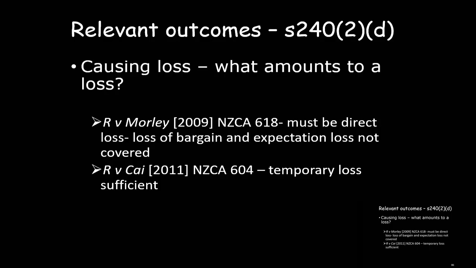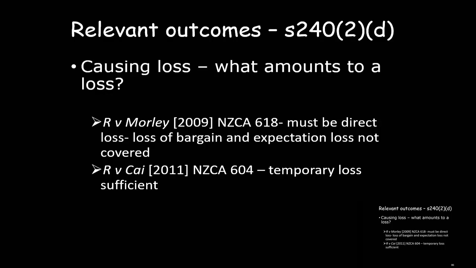So as I said, in that case, the person had entered into this unconditional contract to buy these houses, and he couldn't fulfil it. And the court had to decide what sort of losses could then fall under Section 240, what losses were caused by the deception.